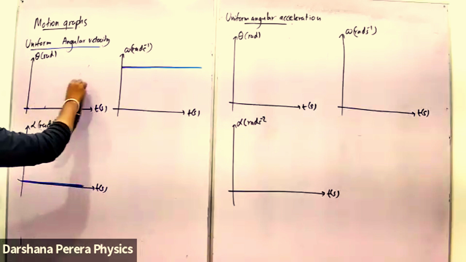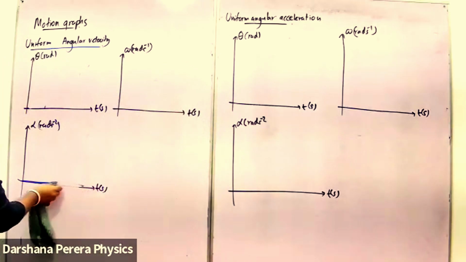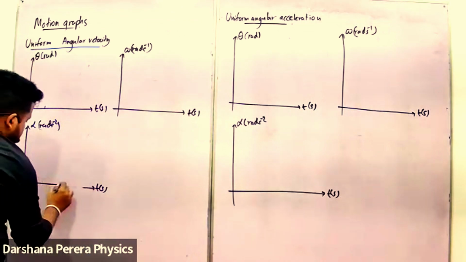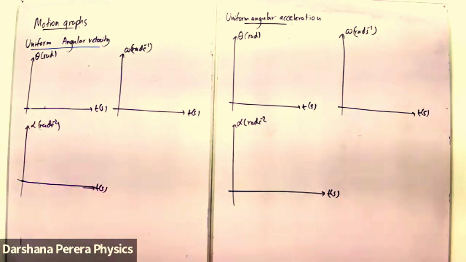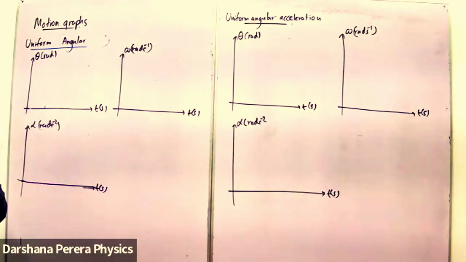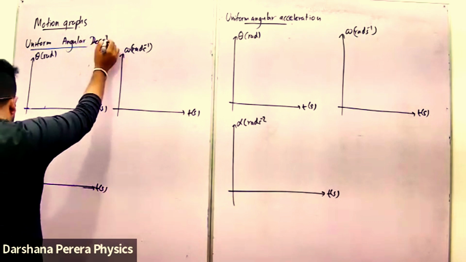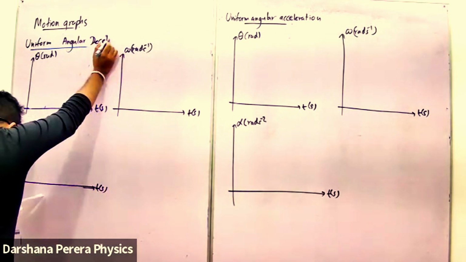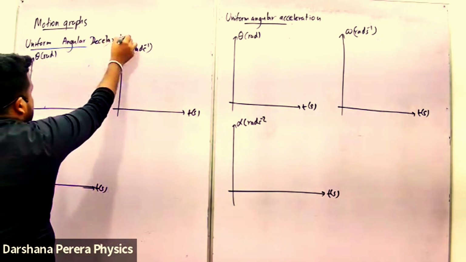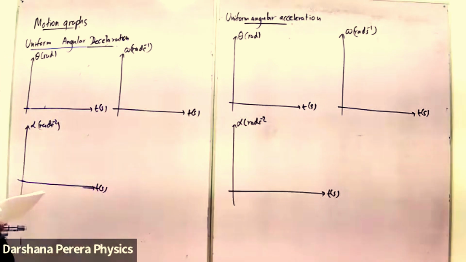After that, you draw the graph for uniform angular deceleration.